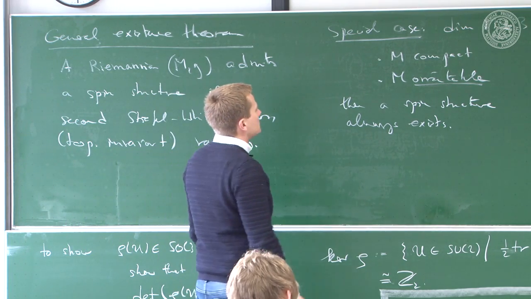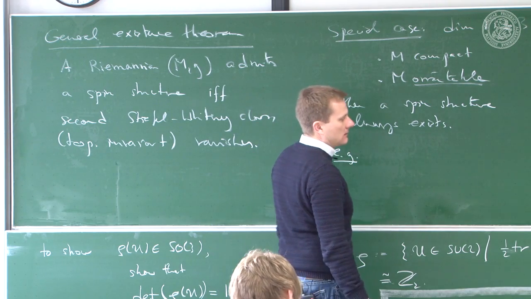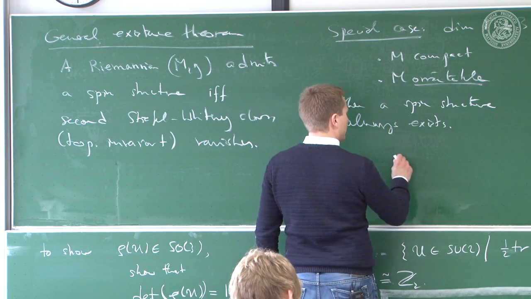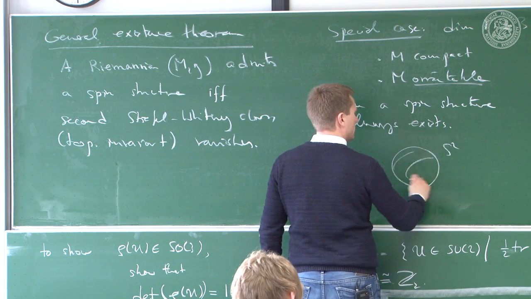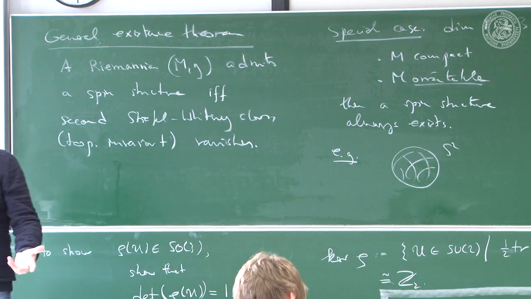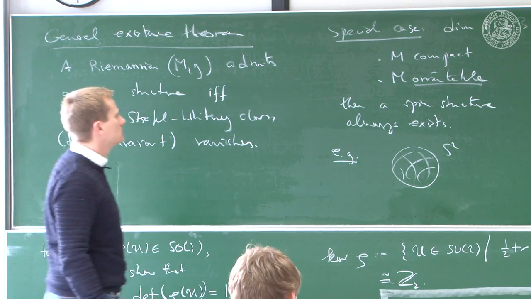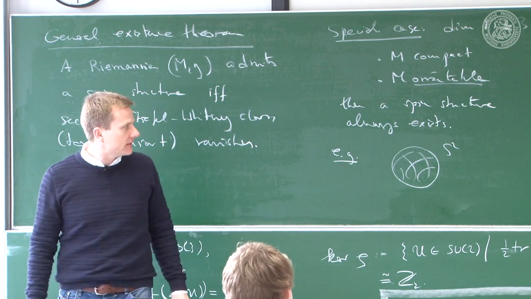Okay, so e.g., quantum mechanics on a sphere, right? On an S2, you can establish a spin structure because it's compact, it's orientable, and has dimension less or equal to 3.